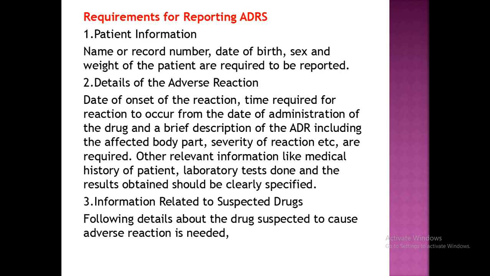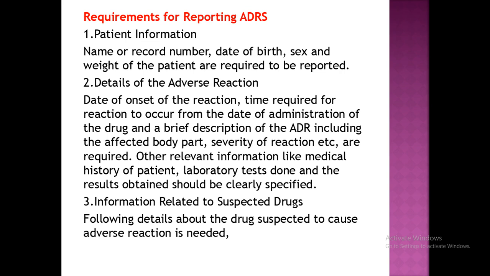Then details of the adverse reaction: date of onset of the reaction, time required for the reaction to occur from the date of administration of the drug, and a brief description of the ADR including the affected body part. Severity of the reaction, etc. are required. Other relevant information like medical history of the patient, laboratory tests done and the results obtained should be clearly specified.